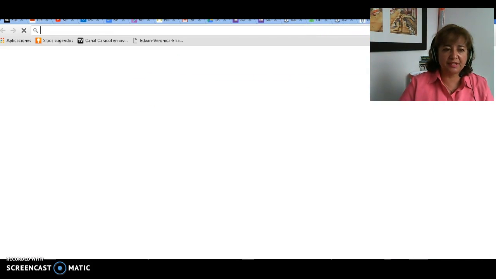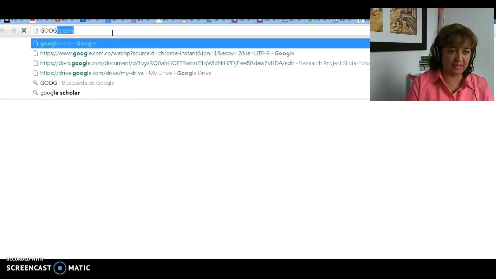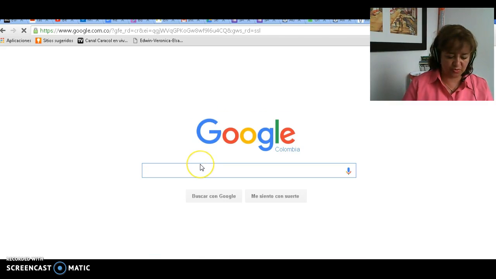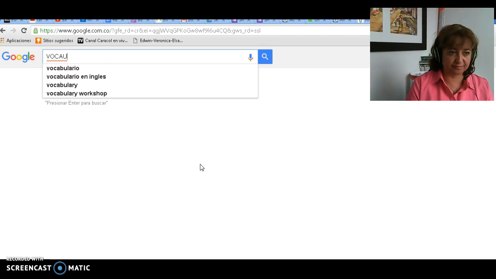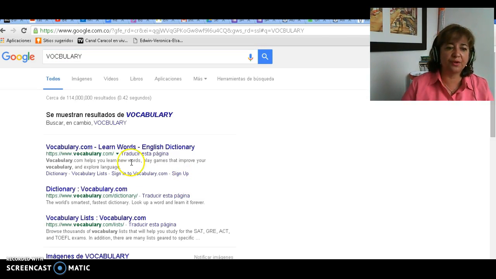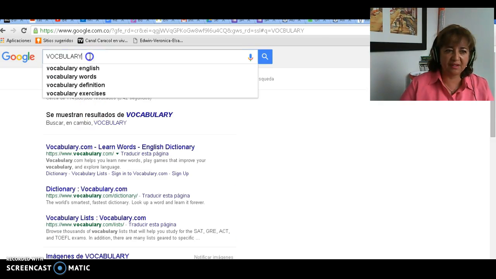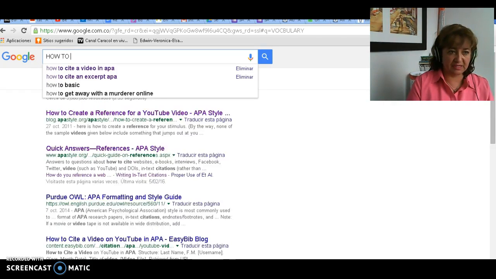A third recommendation, for example, is when you go to the databases, or if you go to look for some articles, that is going to be your theoretical framework. Be aware that there are a lot of studies, for example, on how to improve vocabulary learning.